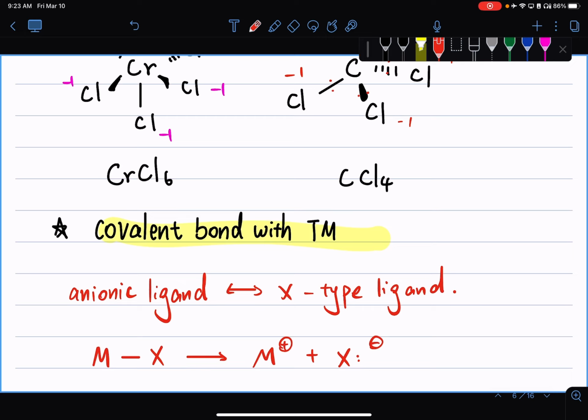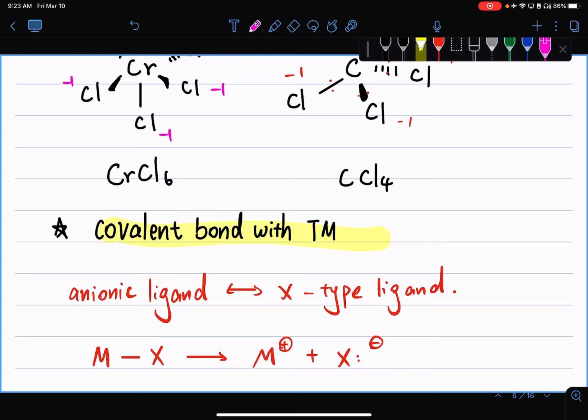The take-home message is: if we break this chemical bond and both electrons go with the ligand, and you look at that ligand, does it have a formal negative charge? If it does, then it is an anionic bond, an anionic ligand, or an X-type ligand.